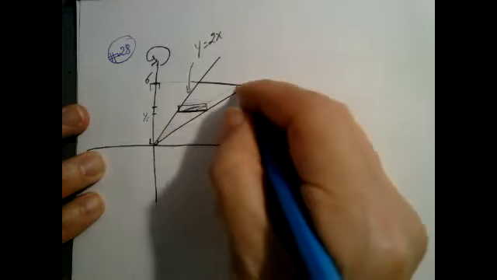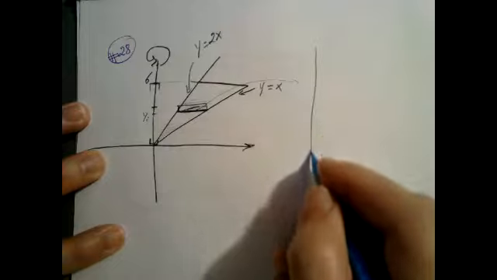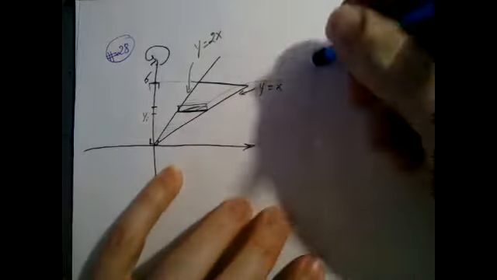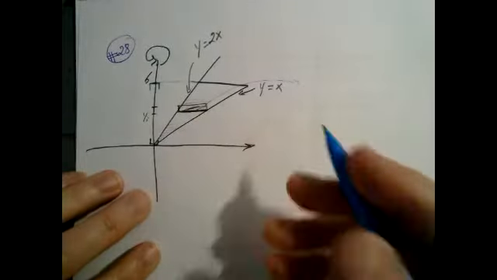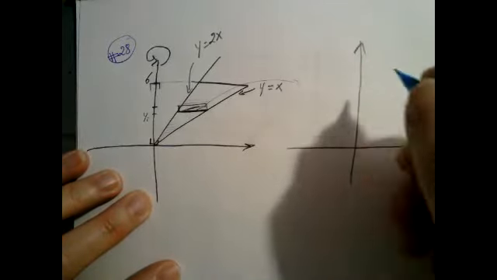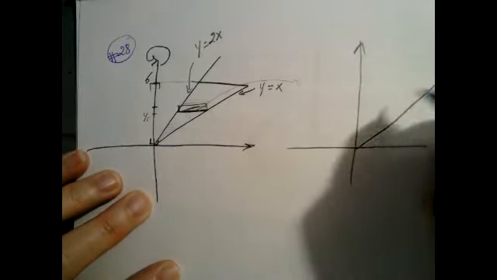Now, when we rotate every rectangle, what are we going to get? Please, I want quick answers. What do we get? A washer, a disk? Disk? You sure?